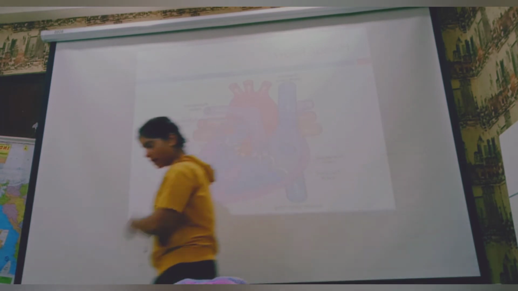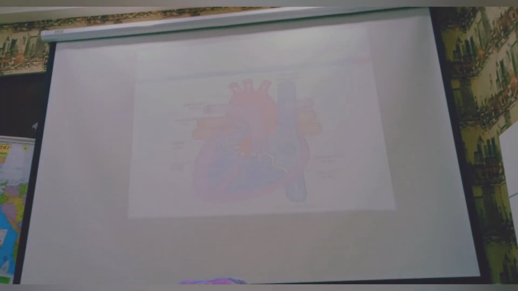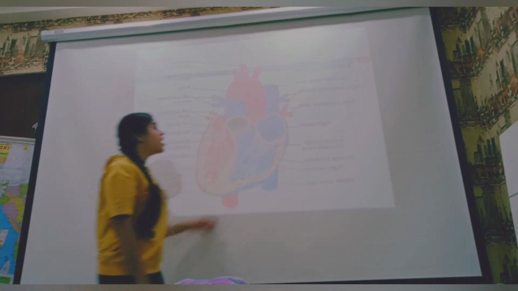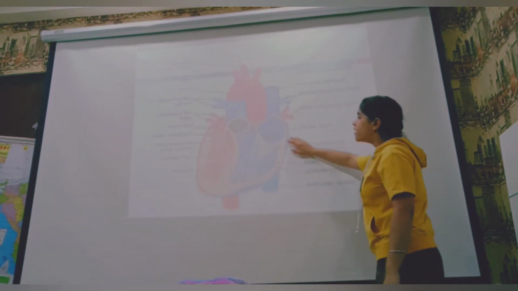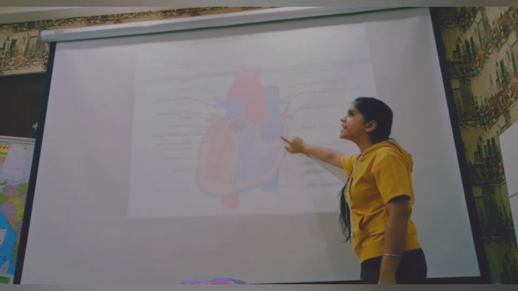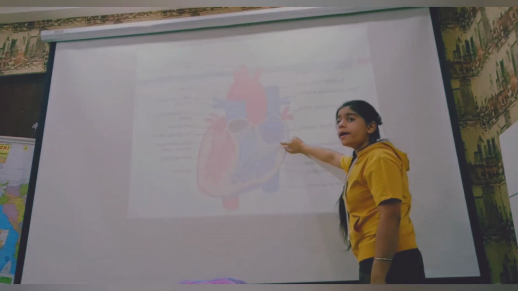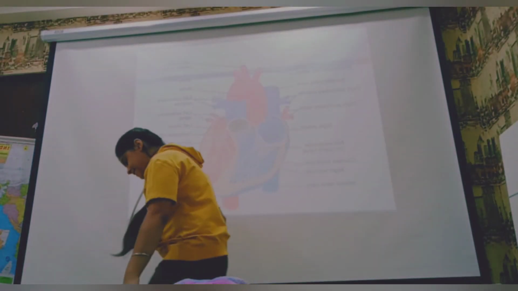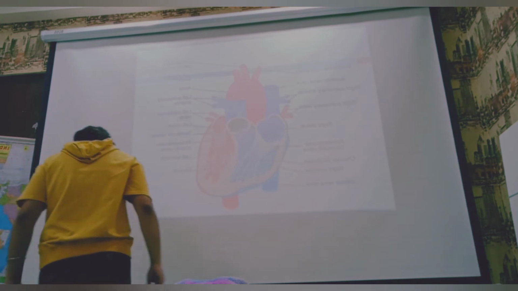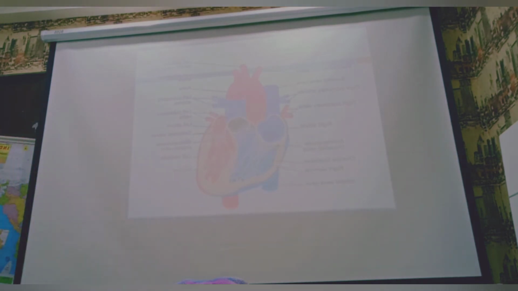Let me open another diagram. Here is my sinoatrial node or the SA node. Let me write it, the sinoatrial node, because it's not mentioned in this diagram. Just a minute, everybody.